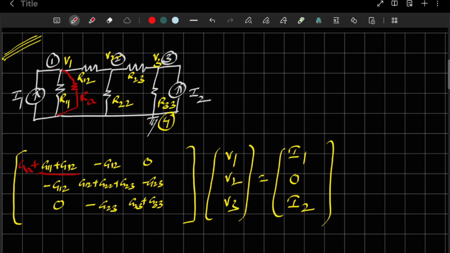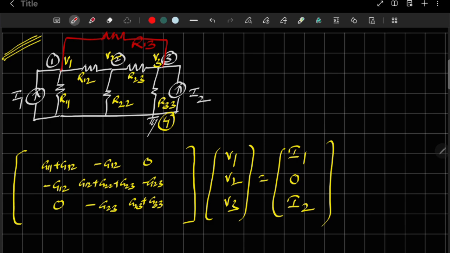Now further, I will take one more change and tell how it will be affected. So I will erase the changes I made now. The new change is that I will take another resistor between node 1 and node 3. Because it is in between 1 and 3, I will call it R13.